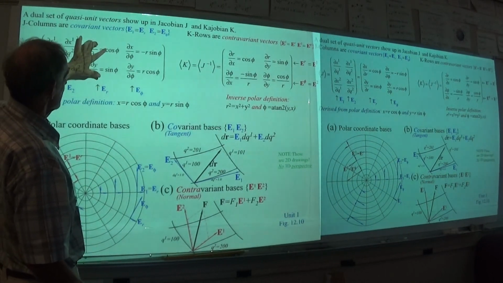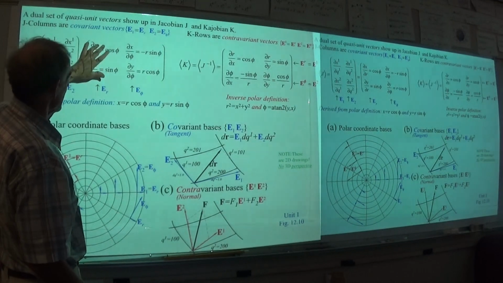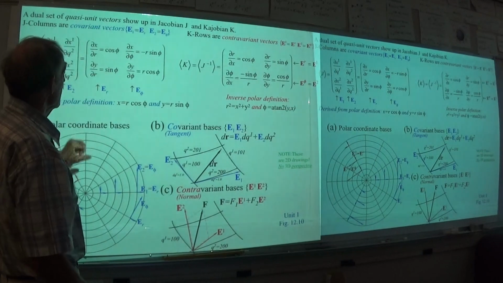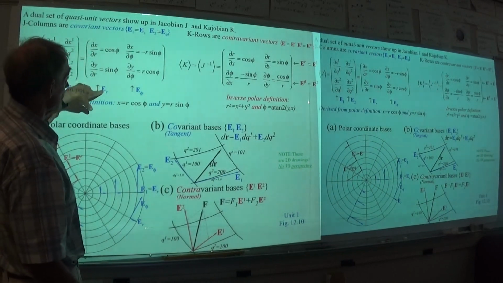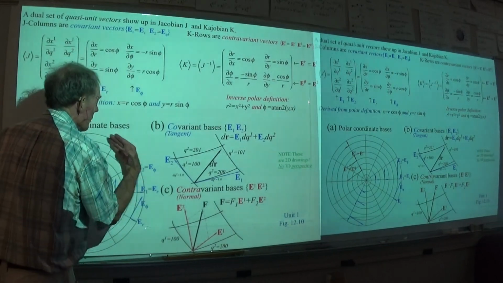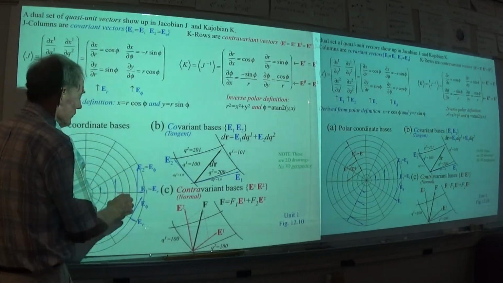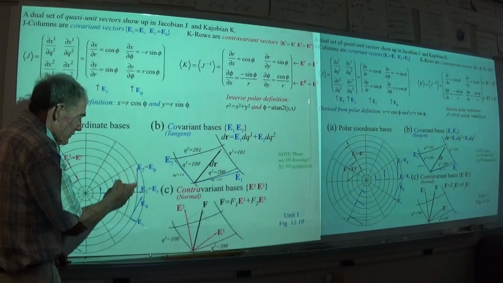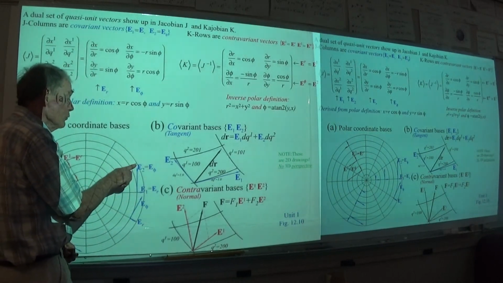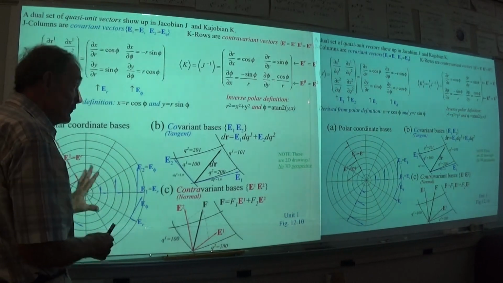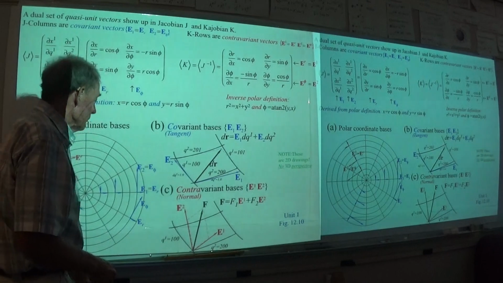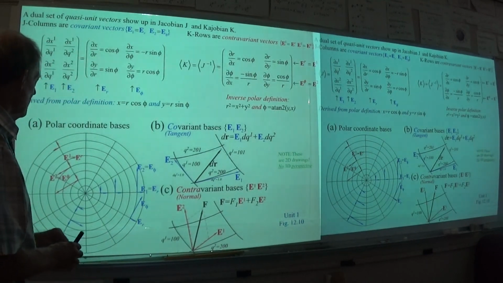Those are the two components in the x and y coordinate system of this particular vector. So it's always going along these, and it's approximately, you can see how good it is, the length to the unit change in some scale. There's some scale that makes sense here that would involve radians times about 1.2.